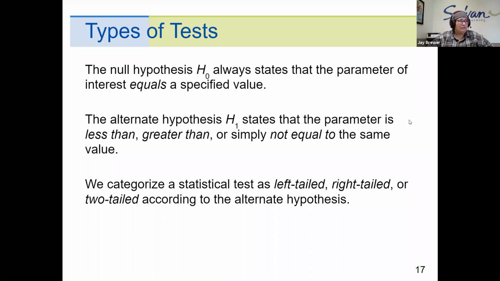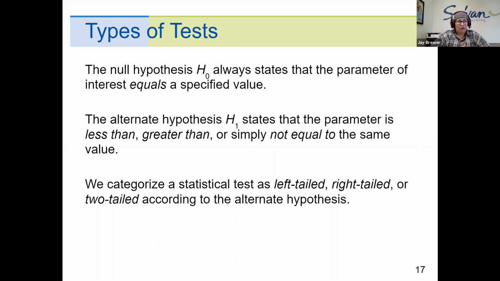Types of tests. The null hypothesis always states that the parameter of interest equals a specified value. The alternate hypothesis states that the parameter is less than, greater than, or simply not equal to the same value. This is super important: you will never pick your own number.